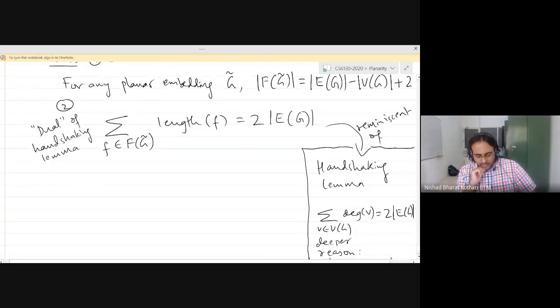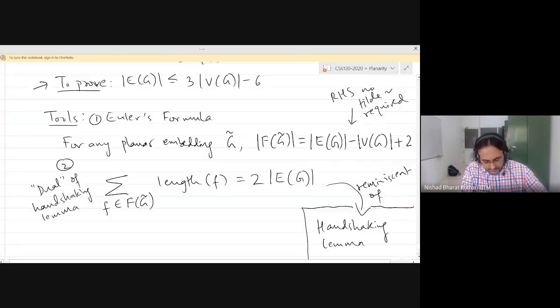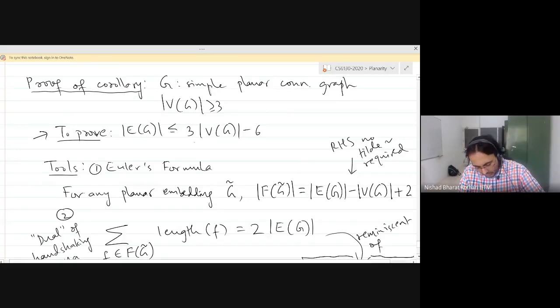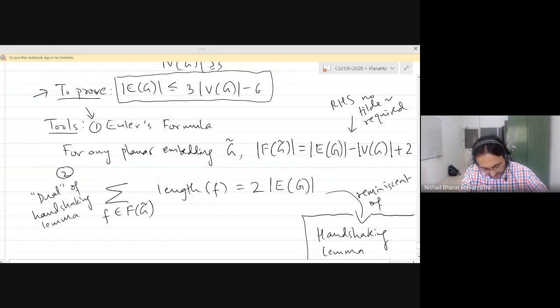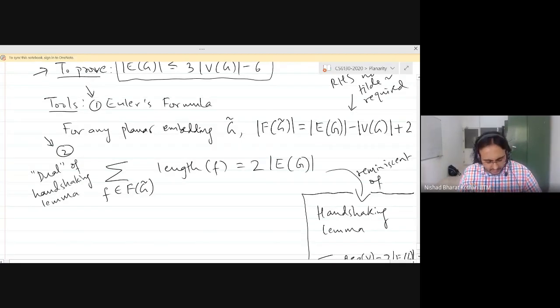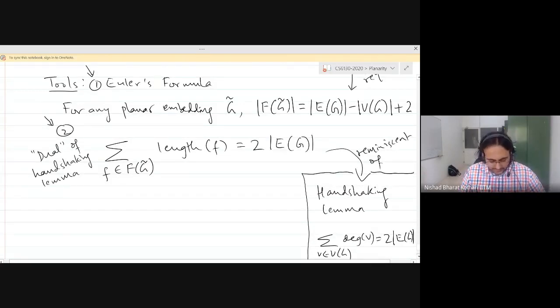I want you all to think about this for a few minutes, and I want you to try to prove that this is true because of these two facts, the first fact and the second fact. There is a third small fact that you will require. Maybe I should discuss this. I'll give you a few seconds to think about it and see if anybody can come up with a quick proof. Otherwise, I'll give you one more fact to use.